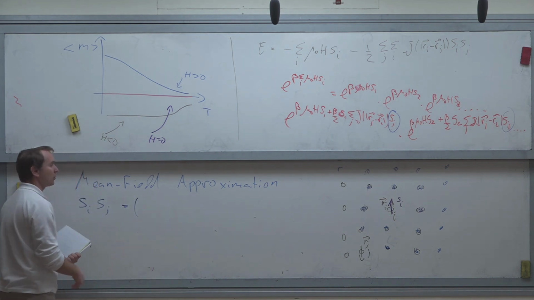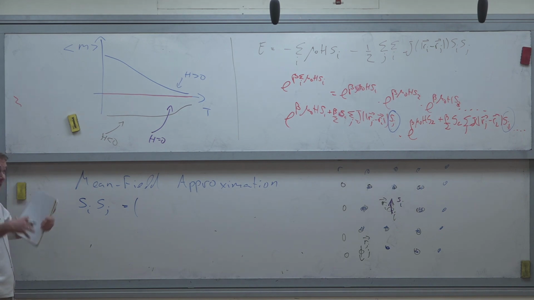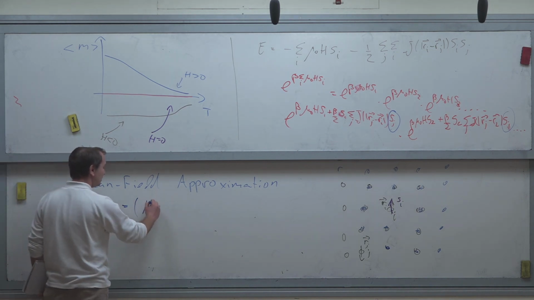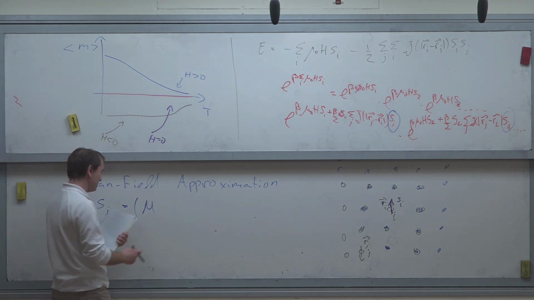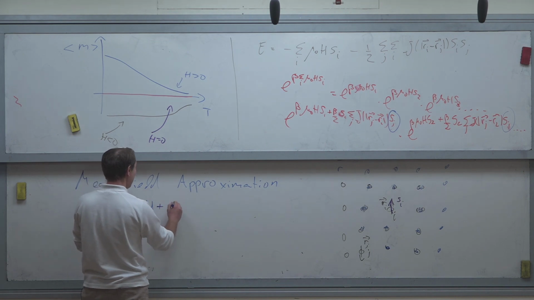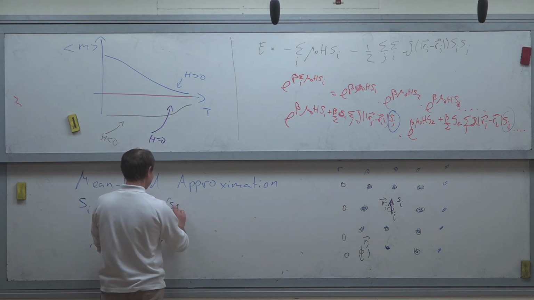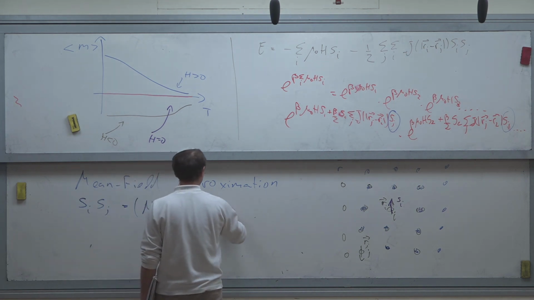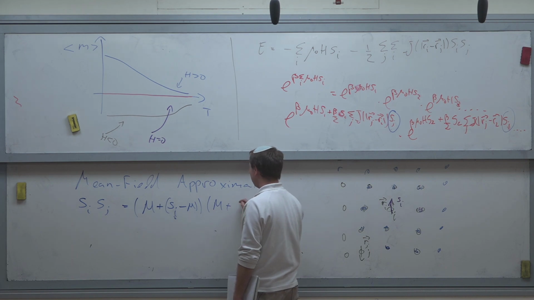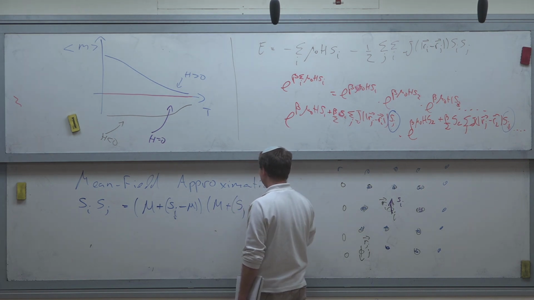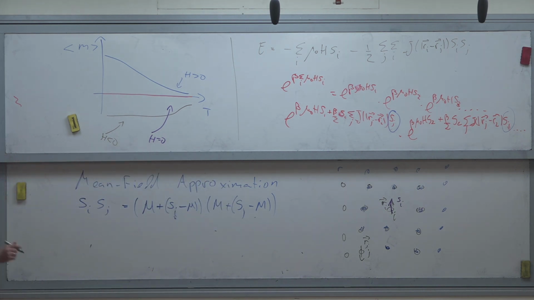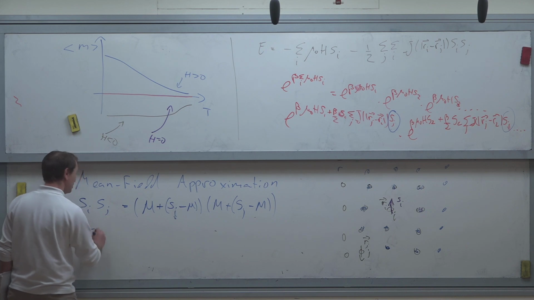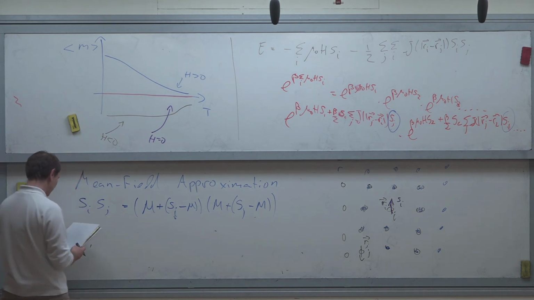Let's assume that our external field that is applied on our system, we call it M. So Si is simply M plus Si minus M. And Sj is again simply M plus Sj minus M. So we haven't done anything yet. This is exact.